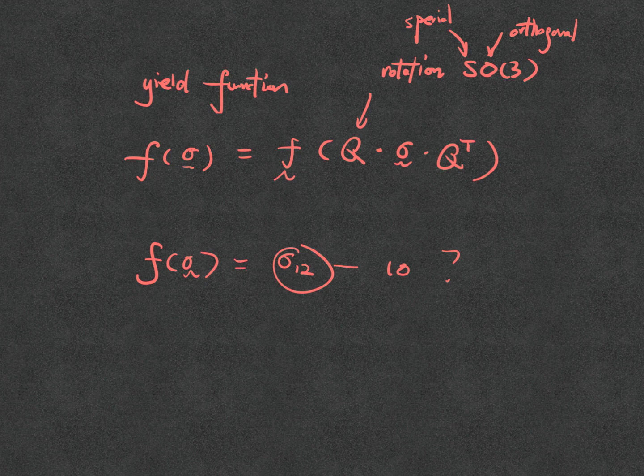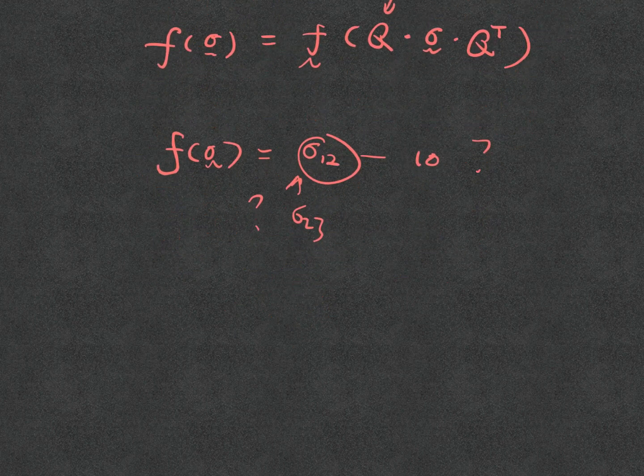Because sigma 2, 3 is not even in that function, right? So what is the limit for sigma 2, 3? I don't even know from that equation, right? So you can argue that it's a criterion, but it's at least an incomplete criterion, and it's not even an isotropic criterion, right? You see what I mean?